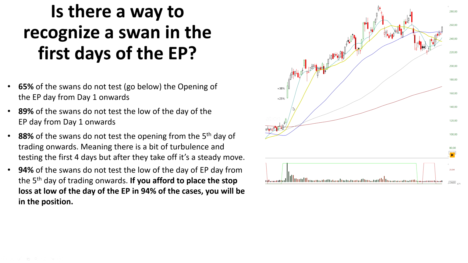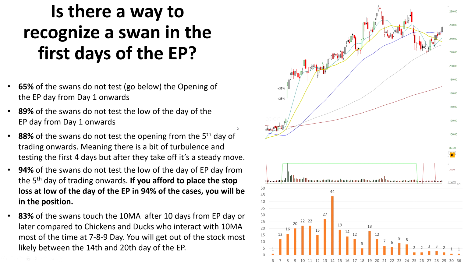It's not that difficult to trade. Sometimes the low of the day is lower and there is a tail. But if you're convinced in the catalyst, it's a good market environment, good situational awareness, and you can have a position size that can afford the stop loss at the low of the day, then it will just continue to go up. In 94% of the cases, it will not take you out.